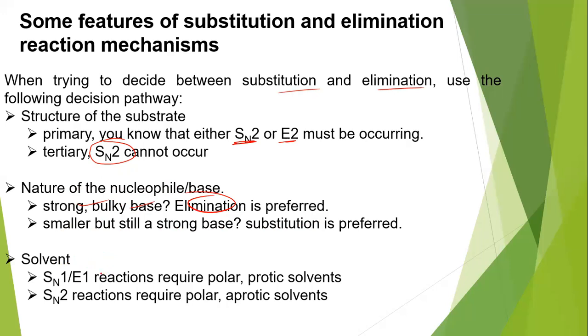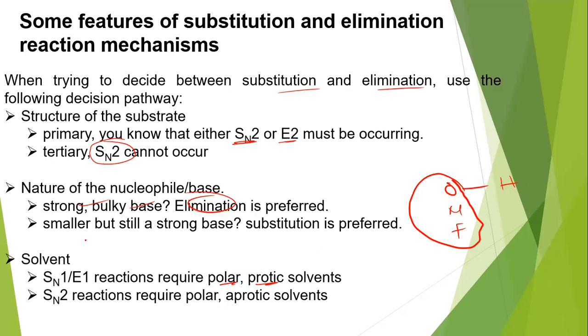Then the solvent we are using. If the solvent is polar and protic, a polar protic solvent would have oxygen directly bonded to hydrogen, or hydrogen bonded to oxygen, nitrogen, or fluorine. Oxygen, nitrogen, and fluorine are electronegative atoms. If we have any solvent with hydrogen bonded to any of these atoms, we call it a polar protic solvent.